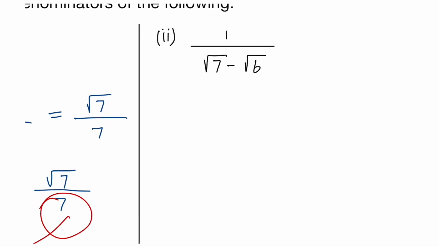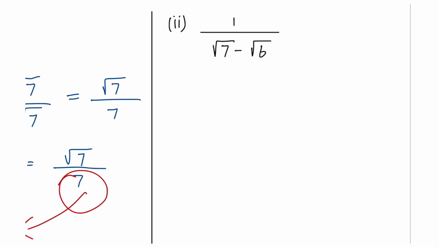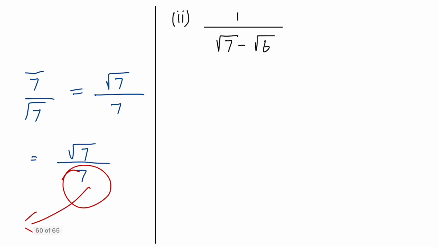Now moving on to the next subdivision, here we have a number that is slightly more complicated when compared to the first one, which is 1 divided by root 7 minus root 6. The thing that I told for the first subdivision stands true. To convert an irrational number into a rational number, for root 7 in that case, we multiplied it with root 7 again, and that is how it was rationalized.